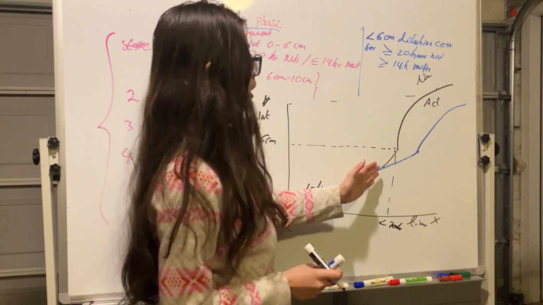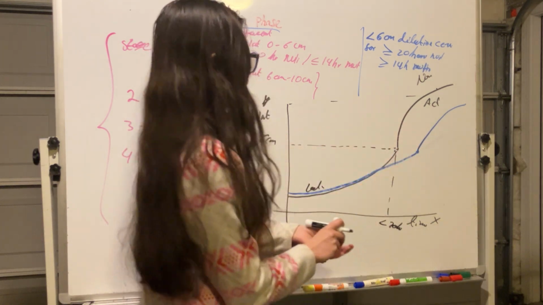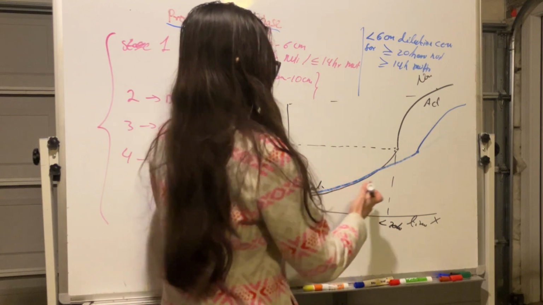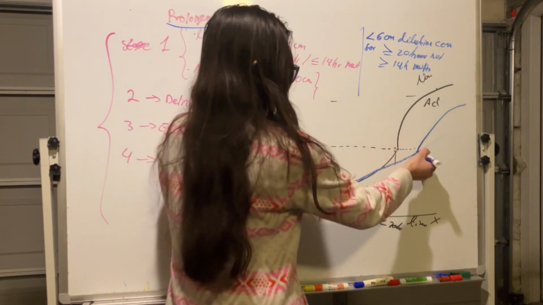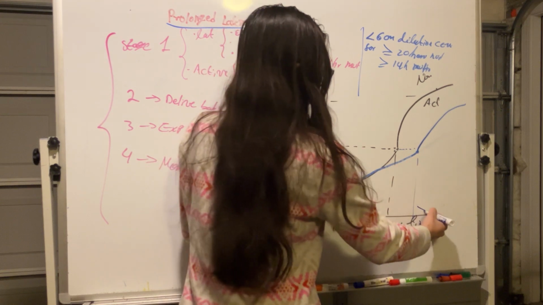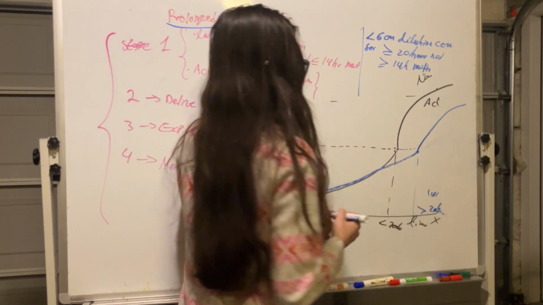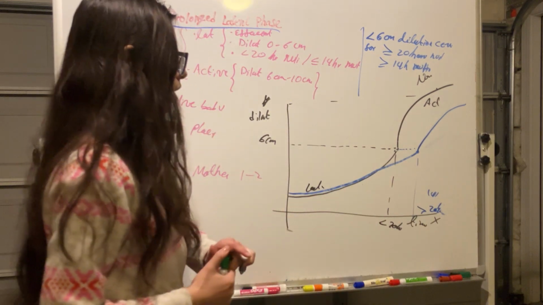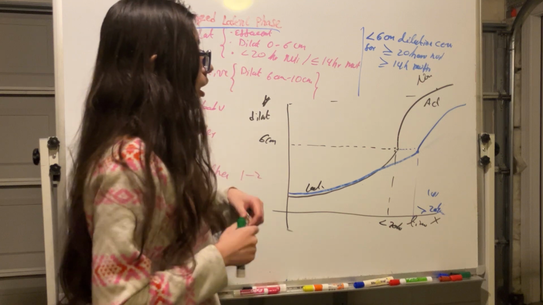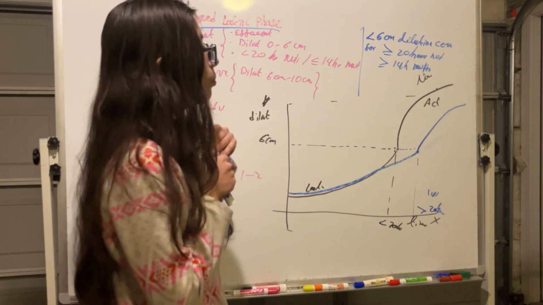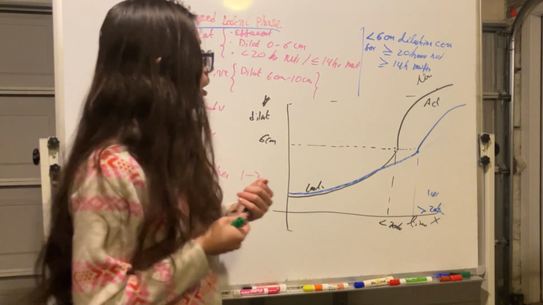But for this woman who has prolonged latent phase, when she dilates the cervix all the way to 6 centimeters, this is going to be for more than 20 hours in a nulliparous or 14 hours in a multiparous woman. So the transition point from the latent to active phase is prolonged, taking more than 20 hours or 14 hours.